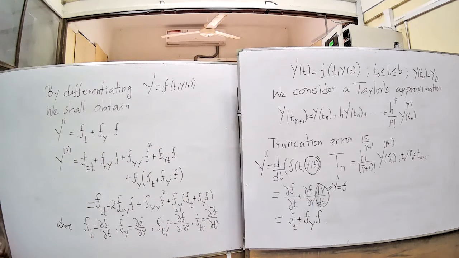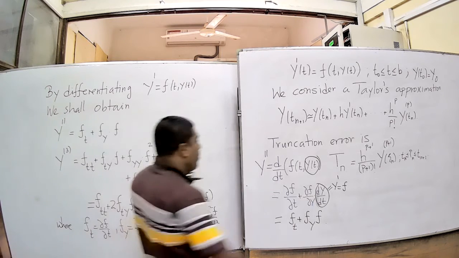Okay, so like that you can write down the higher order derivatives. Now what you can do is substitute these patterns and get to a Taylor's formula.